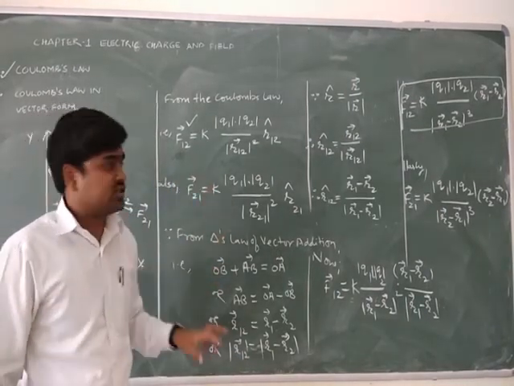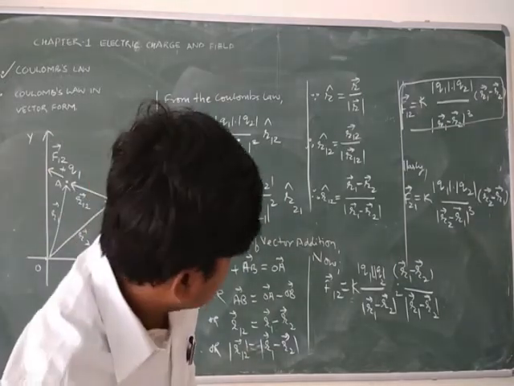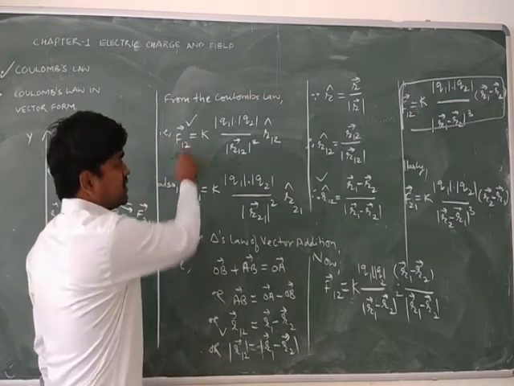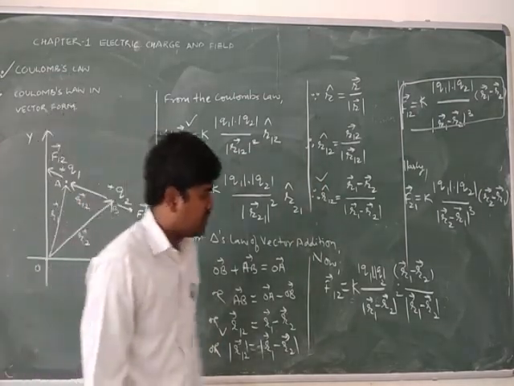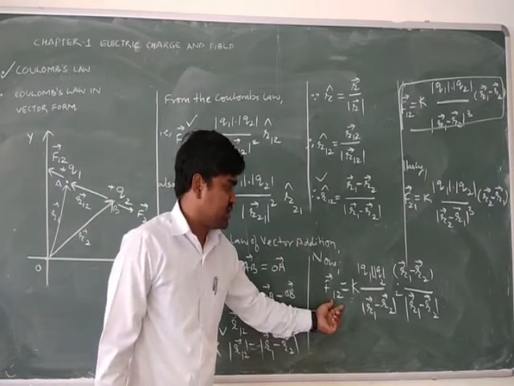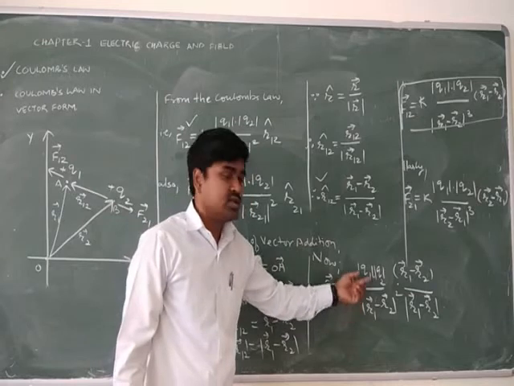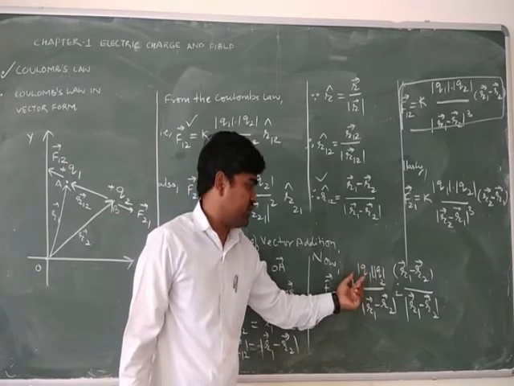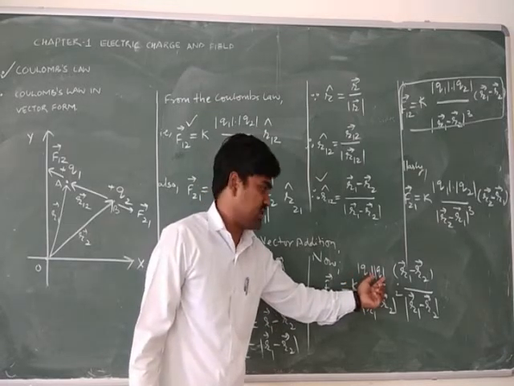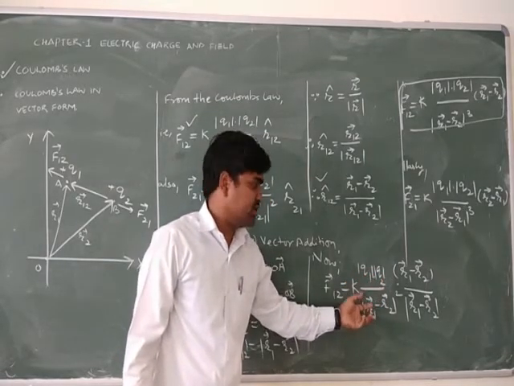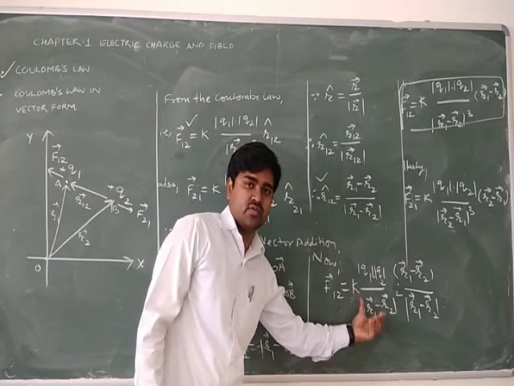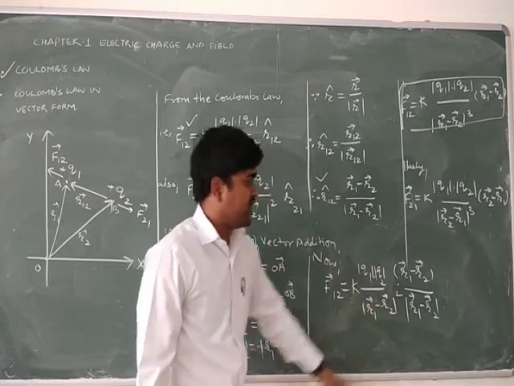So by putting these two values, this direction and this magnitude, in this equation, we will have the force on first charge due to the second charge equal to k times the product of the magnitudes of each charge, meaning the magnitude of first charge and magnitude of second charge, divided by the square of the distance between the two charges in terms of position vector, and here it is the unit vector.